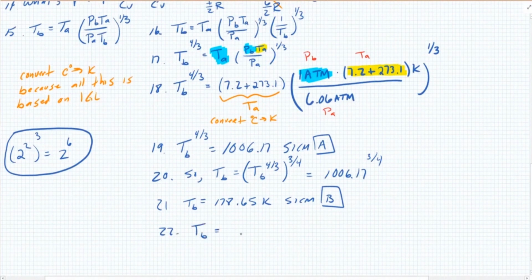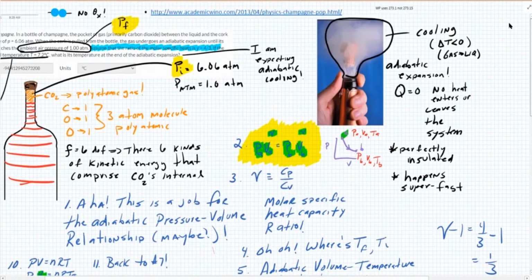TB is going to equal 178.65 Kelvin minus 273.1, which is negative 94.449 degrees Celsius. Let me check this out. Did I get that one right from my numbers? Okay, that's good.